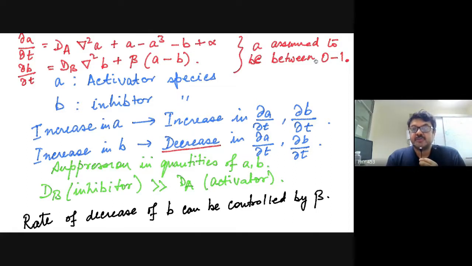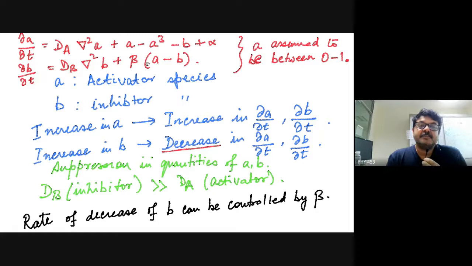Because if A is assumed to be between 0 and 1, basically if you increase A, del A del T increases, right? So basically increase in A leads to an increase of del A del T till it reaches some fixed point. On the other hand, increase of B leads to lowering of del A del T. So in that sense, it's the inhibitor.